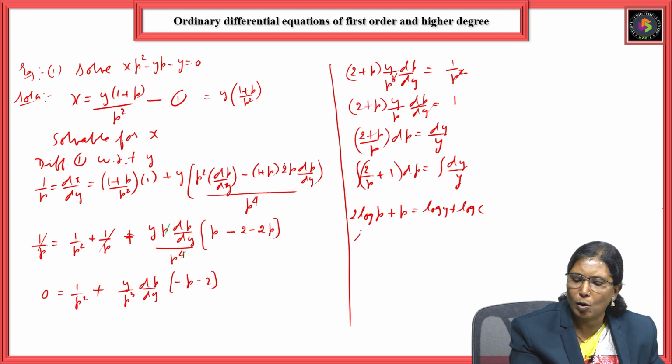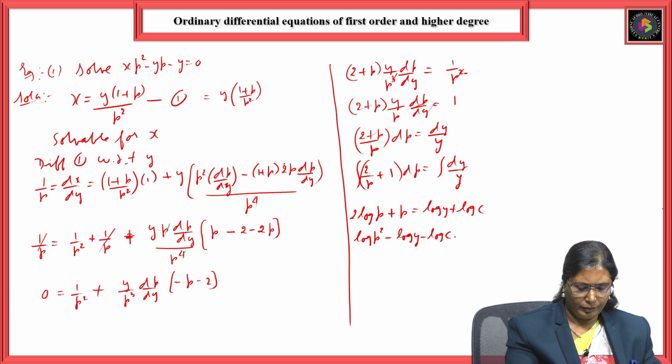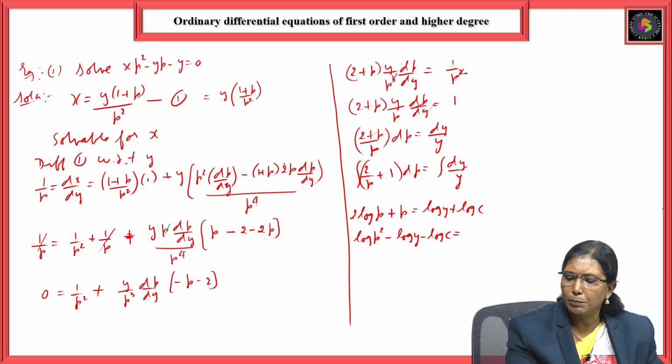Applying the laws of log, log p square minus log y minus log c plus p is equal to 0.